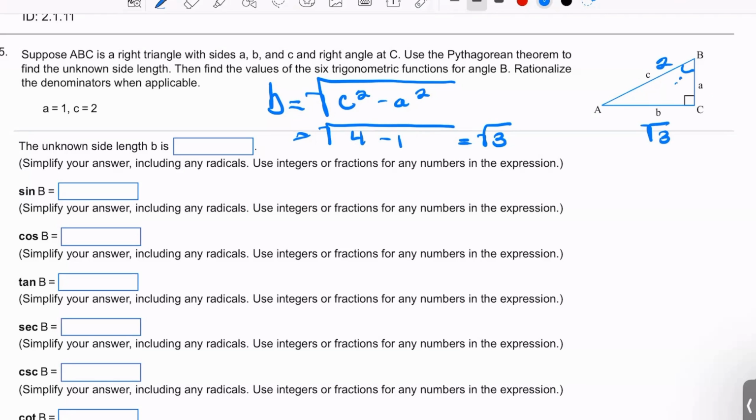We're referencing angle B. And because we're referencing angle B, sine of B will be B over C, square root of 3 over 2.